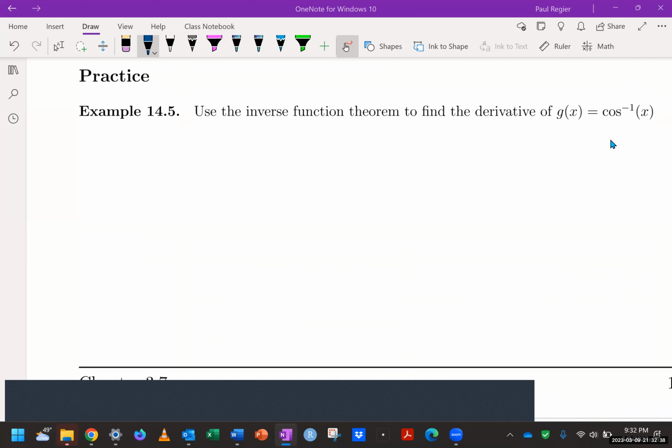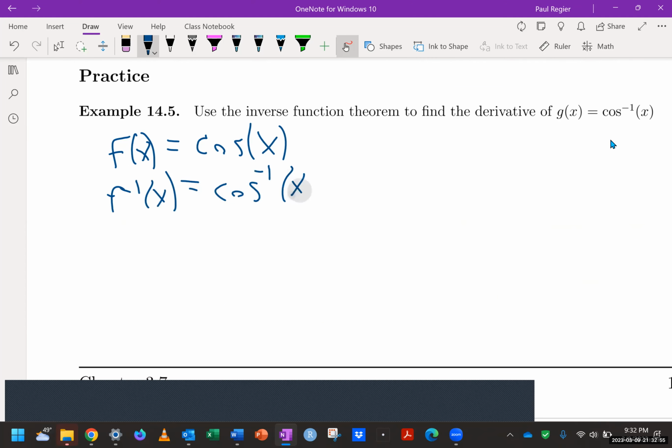So if we want to find out, I'm just going to call f of x cosine x. There's f of x. F inverse of x would then be cosine inverse of x, if we start from that standpoint. This is seemingly backwards from where we're going.